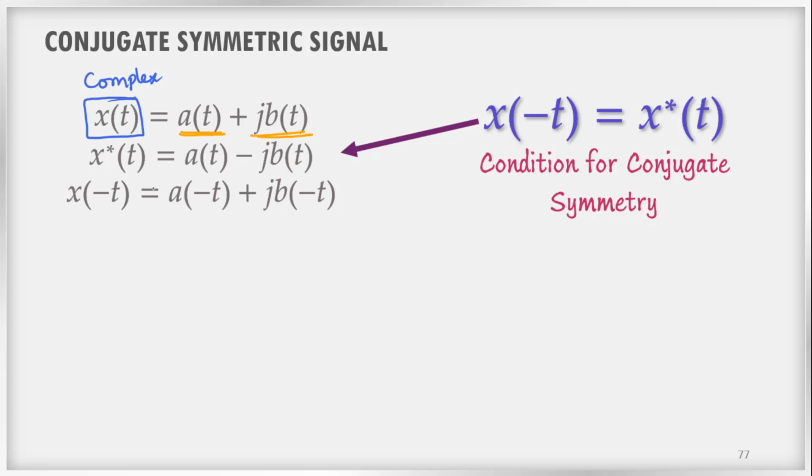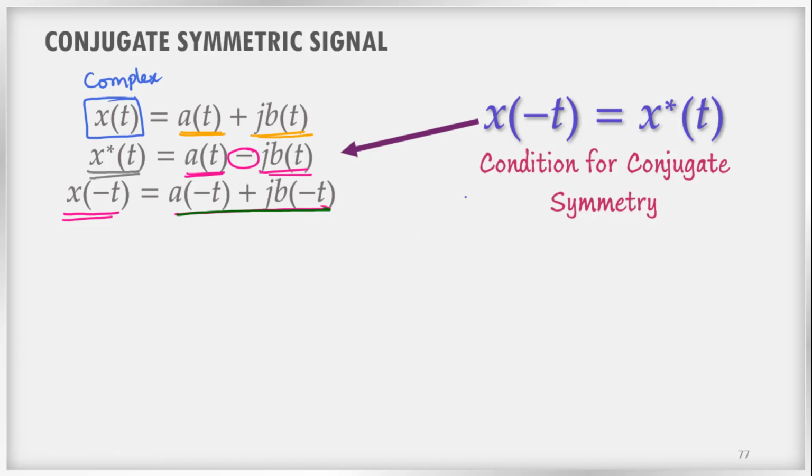Now what happens if I take the complex conjugate of that particular signal? It will become a of t minus j into b of t, because complex conjugation is nothing but negating the imaginary part of the signal. Now what is x of minus t? It is nothing but replacing t with minus t in the actual signal x of t, so we get a of minus t plus j into b of minus t.